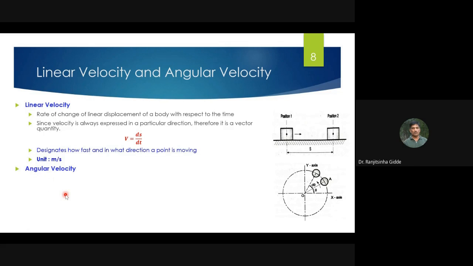Then you can write another important term, angular velocity. Already the figure we have drawn is displayed on the previous slide as well as this slide, right? It is the rate of change of angular displacement of a body with respect to the time.